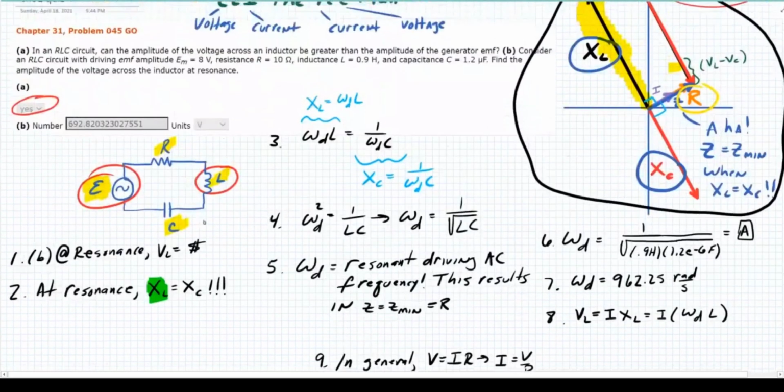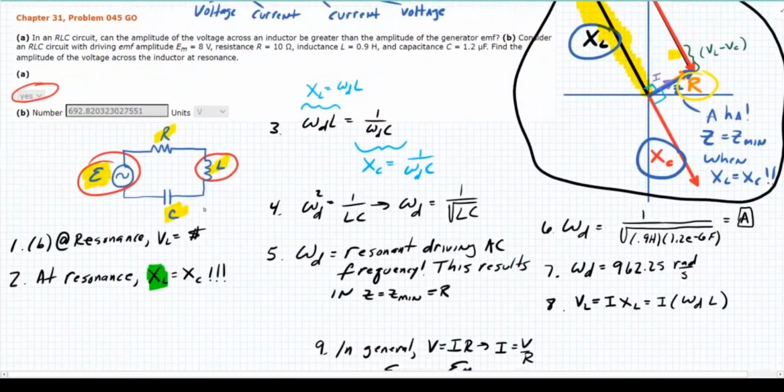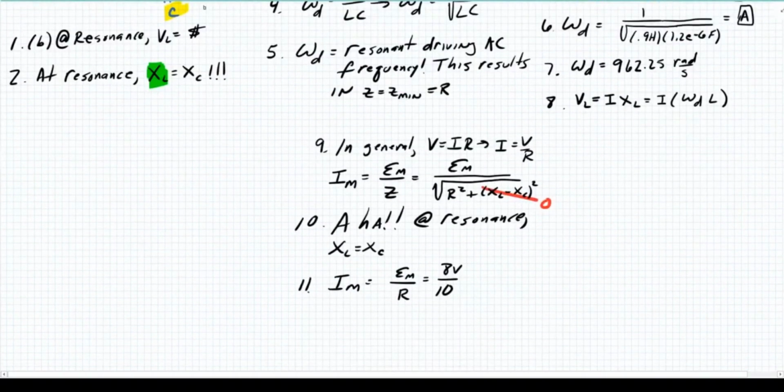My EMF value, my peak voltage, is 8. Again, it might be 4.2 or negative 3.9, but the peak value is going to be 8 volts divided by my resistance, which for me is 10 ohms. That equals 0.8 amperes.